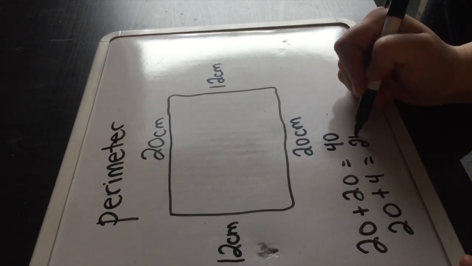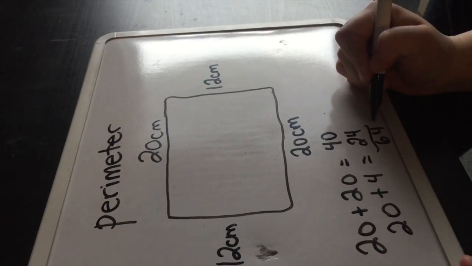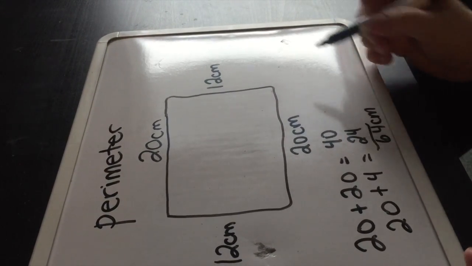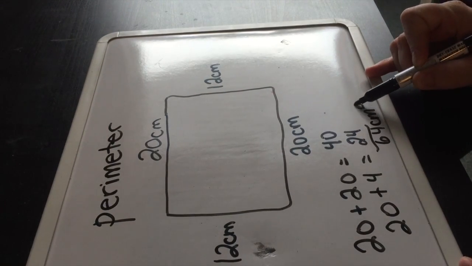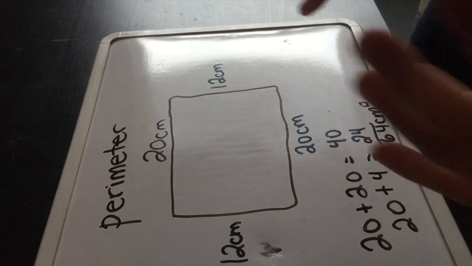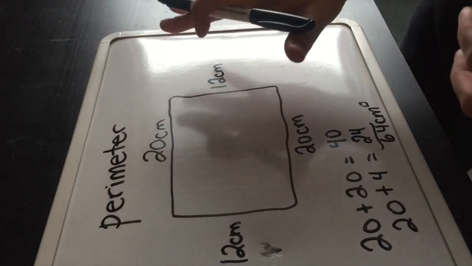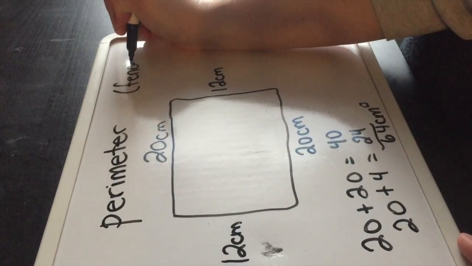So now what they would do is they would add, and they would get 64 centimeters. Note that they don't have to add a squared because it's a flat surface. You're not filling, you're just laying. So pretend you are getting a fence.